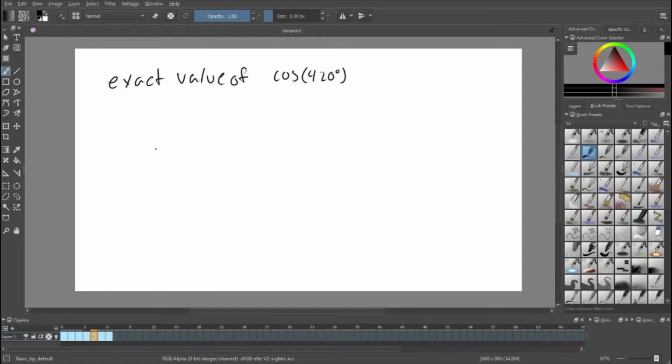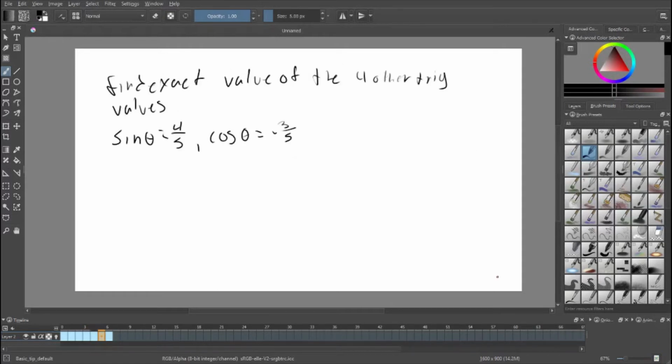So moving on to find the exact value of the 4 other trig values. Okay, so with this we know that sine theta is equal to 4 over 5, and we know the formula for that.